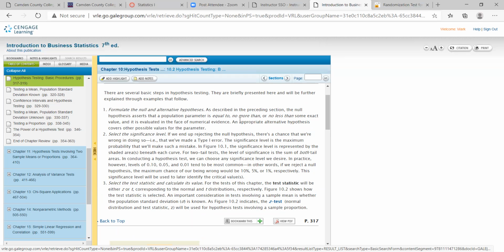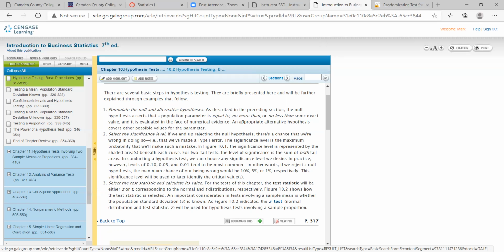And remember, for a population mean, we have to use the central limit theorem, which says if we don't know the population distribution to be normal, or if we know it to be skewed, then we need a sample size of at least 30. If we do know the population distribution to be normal, then it doesn't matter what our sample size is. That's the central limit theorem.